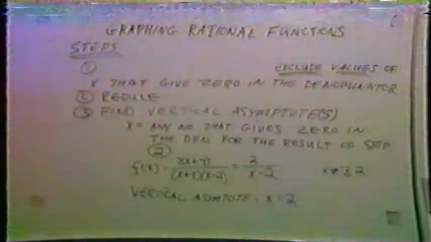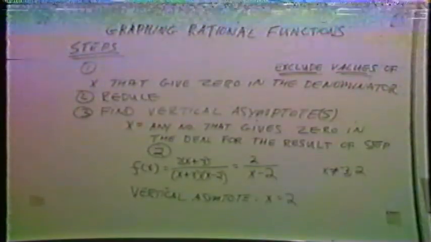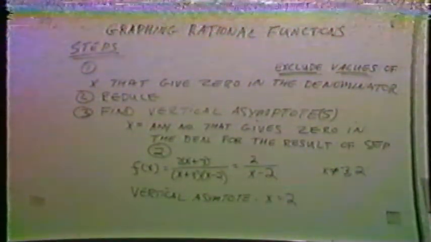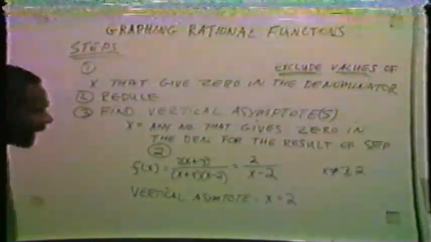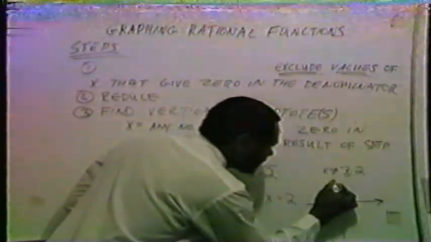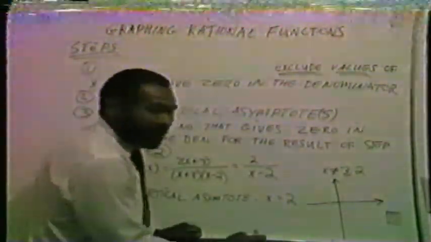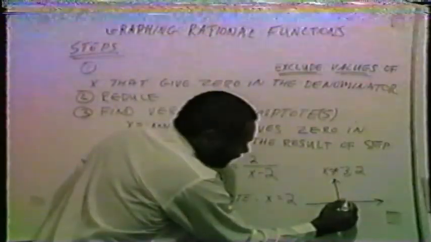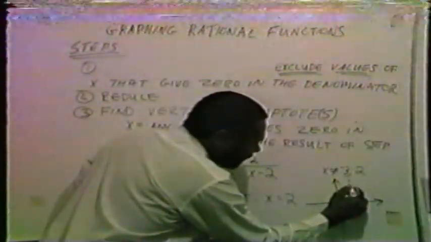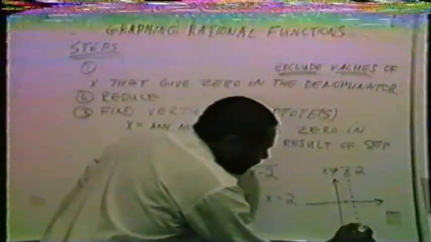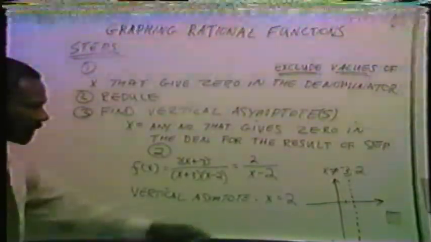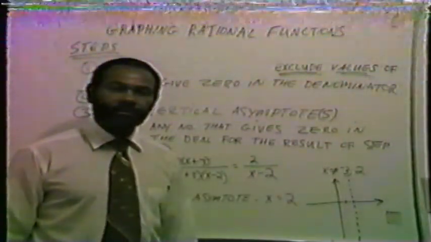So I can go ahead and draw my vertical asymptote on my graph for this rational function. I would draw a rectangular coordinate system like so, and then I would go over to the place where x equals 2, and I would draw an imaginary vertical line. And that is my vertical asymptote, x equals 2.